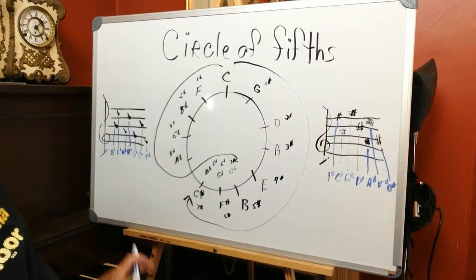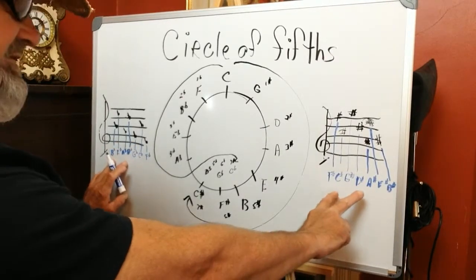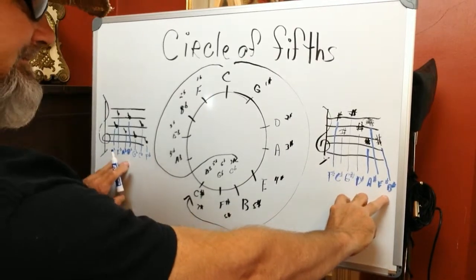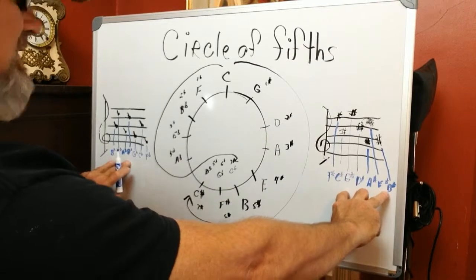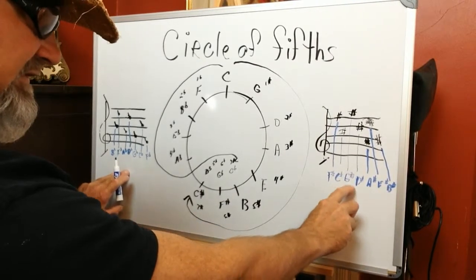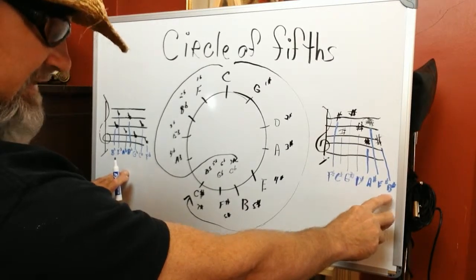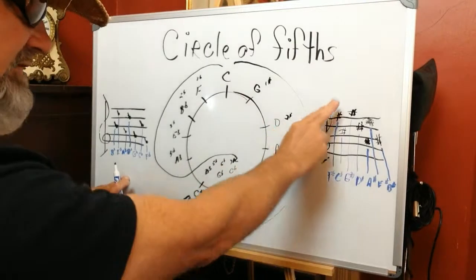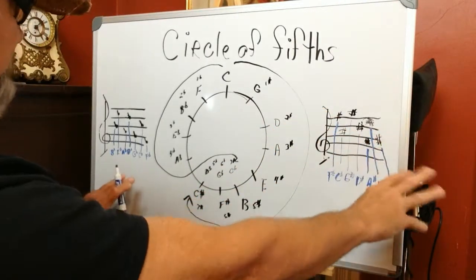Okay. Now between the two of these, you can tell there's a pattern within these. What you have to do is flip them around. You can see this is F, C, G, D, A, E, B. That's the order that we have going this way around as we build our sharps on that side.